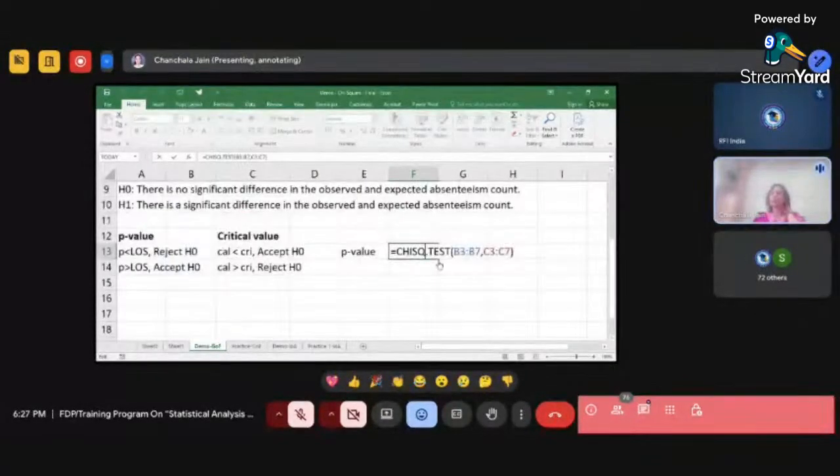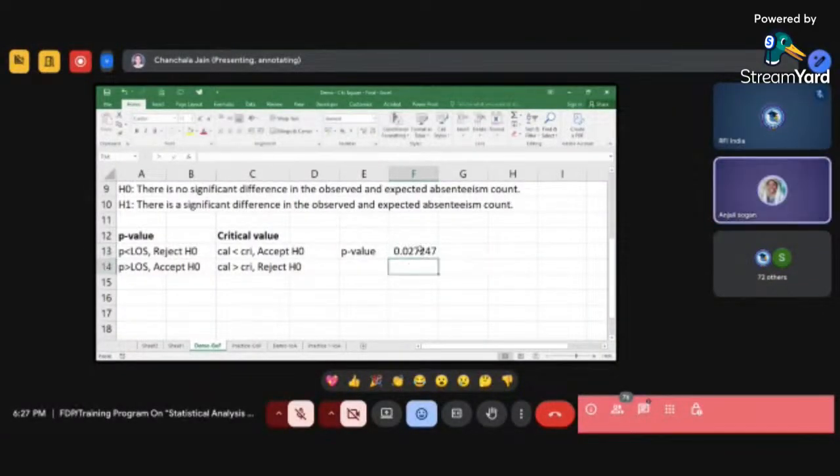These two ranges you need to select. And then press enter after closing your bracket. Done, ma'am. Everyone is getting a figure like 0.027.